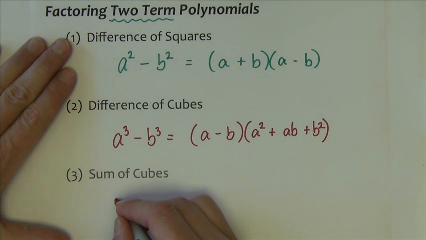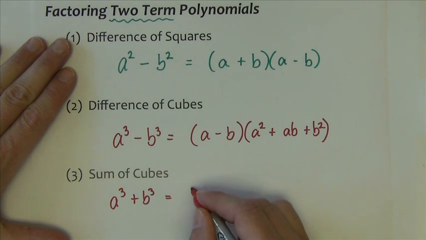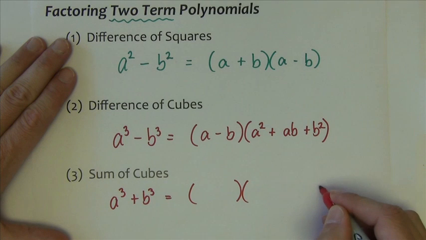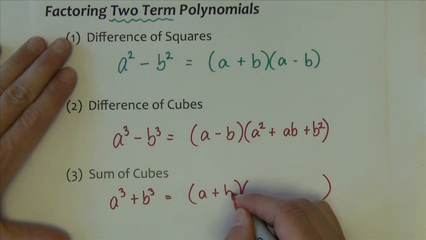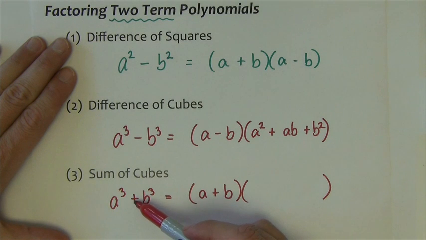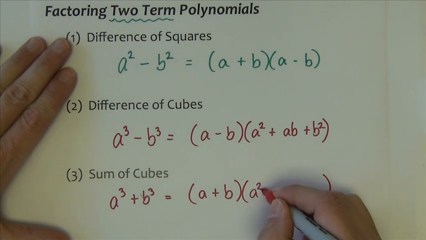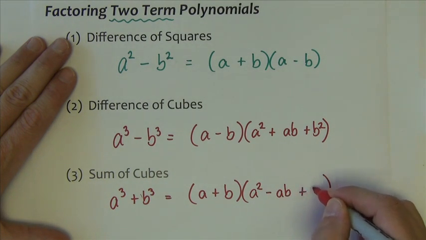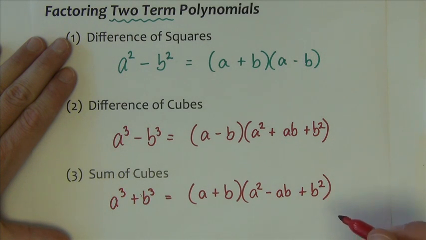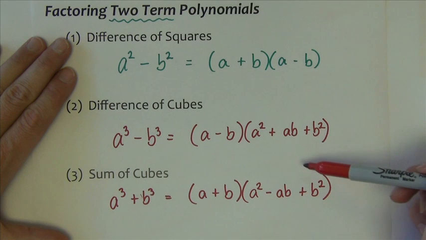If it's a sum of 2 cubes, a cubed plus b cubed, it's virtually identical. It's going to be a plus b. Notice the sign just changed, but the sign changed here, so not to be surprised. It's going to be a squared minus ab plus b squared. Notice that all the terms are exactly the same.